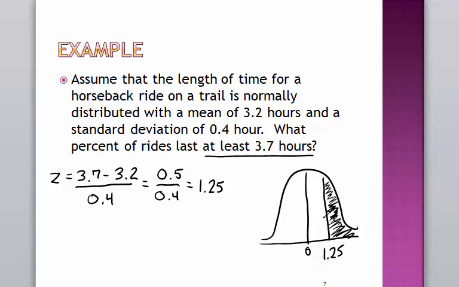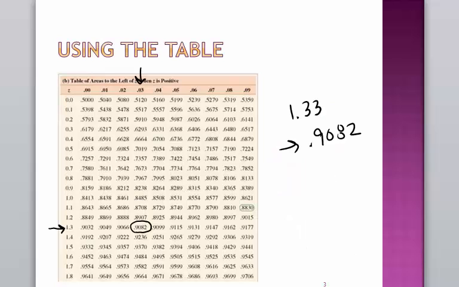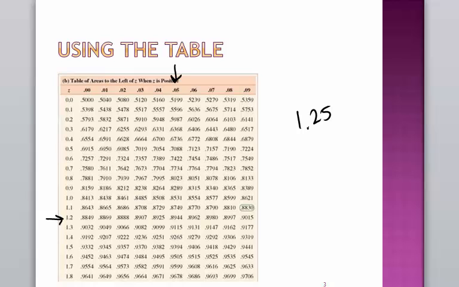All right, so let's go to our positive table. And we want to look up 1.25. So 1.2 down the side, the 5 across the top, and it looks like we will be at 0.8944.